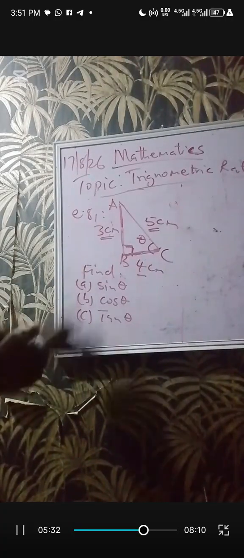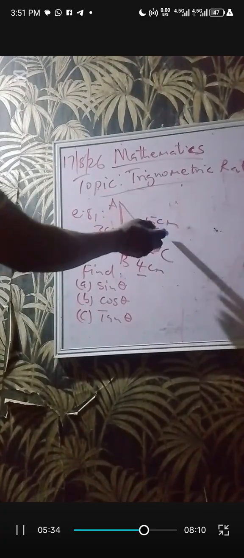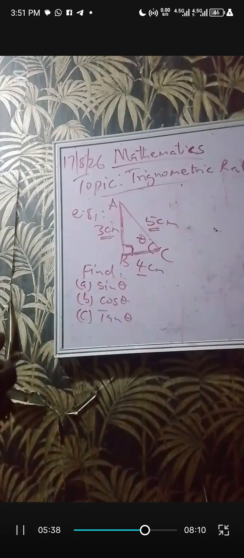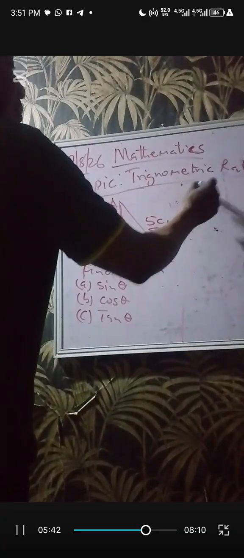But there are ones where they might give only two sides, the opposite and the adjacent. For you to continue, you have to first find the hypotenuse. How do we find that? You can find that using what we call Pythagoras theorem.